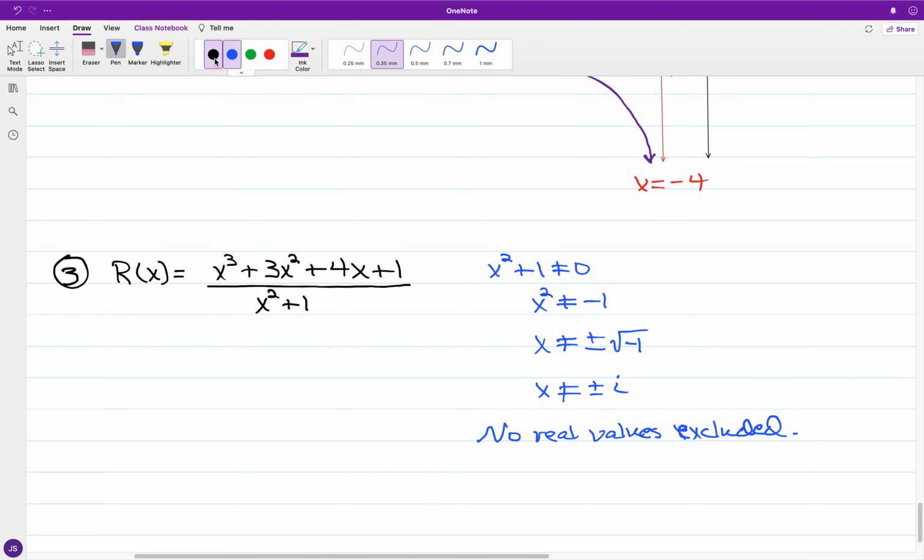Okay, so this is going to mean a couple of things here. With no real values excluded, that means that the domain is going to be the set of all real numbers, since there's no real value that is left out. Anything left out is only in the complex numbers.